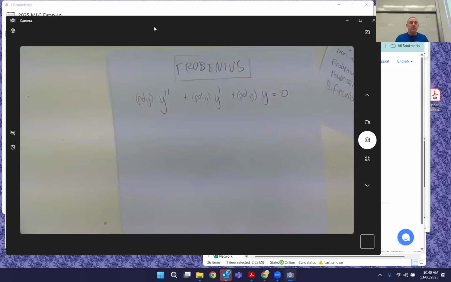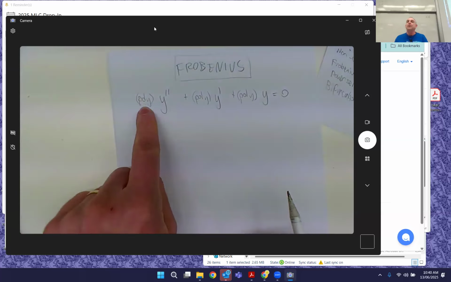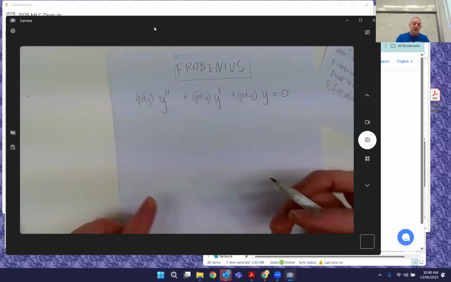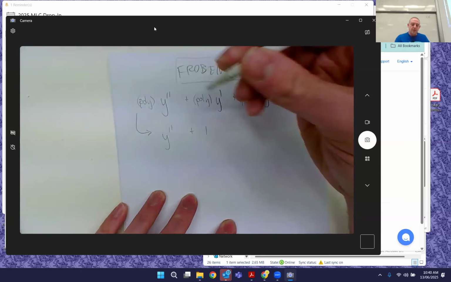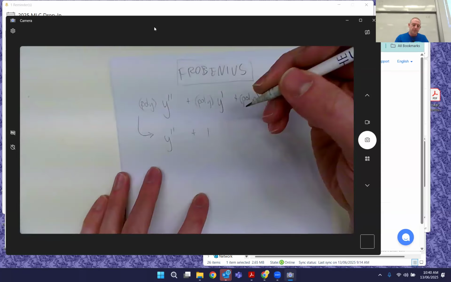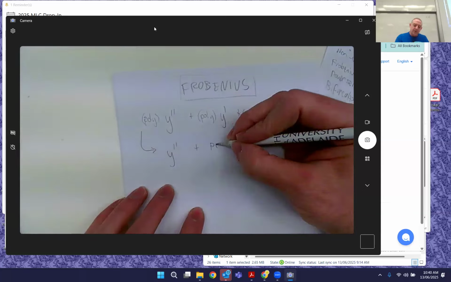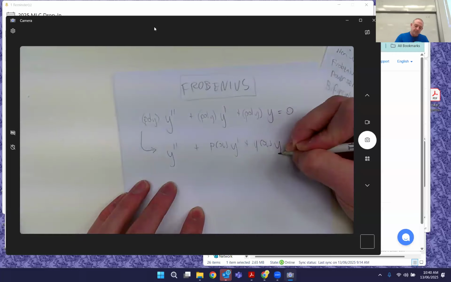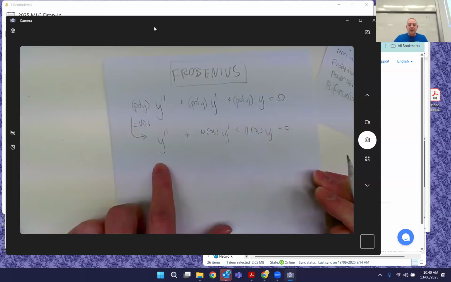And Frobenius's method is designed to work in situations when you put it in standard form and divide by this, that one is 0 at 0. I should just call them P and Q or something. You divide by this, and you get to here.